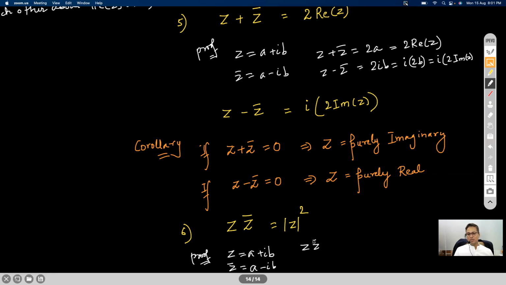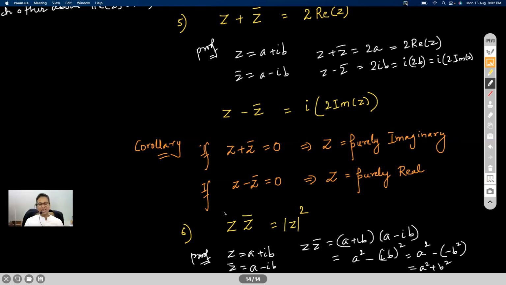When you multiply both of them, you get a plus ib times a minus ib. Use your x plus y, x minus y formula, so it's x square minus y square. On opening this, it becomes a square minus of minus b square, which is a square plus b square. And what is that? That's the mod of z square, right?